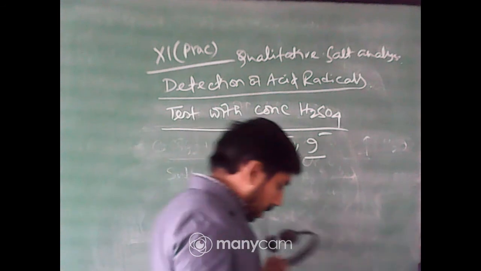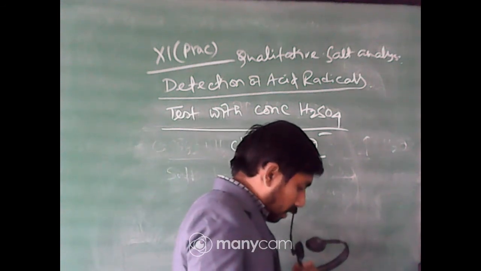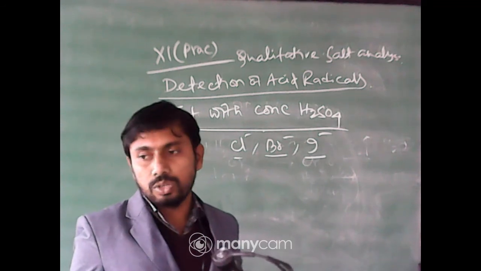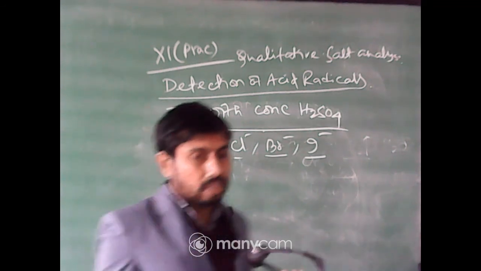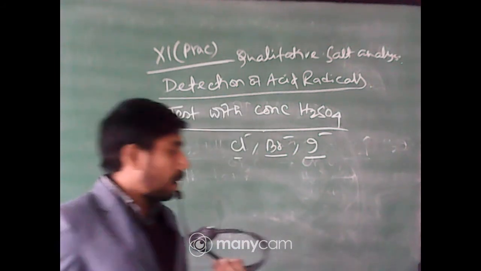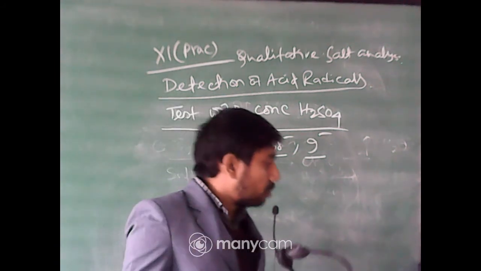Now let us take it for bromine. So again for bromine, the solid sample will be taken in a dry test tube and concentrated H2SO4 should be given, and the iodine vapor, which is of purple color, will come out. Just see this.